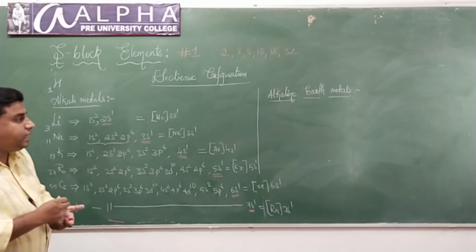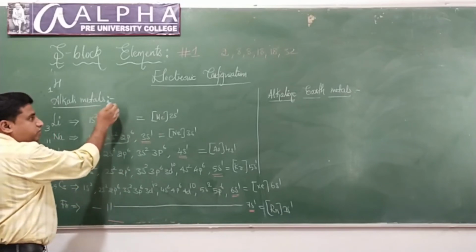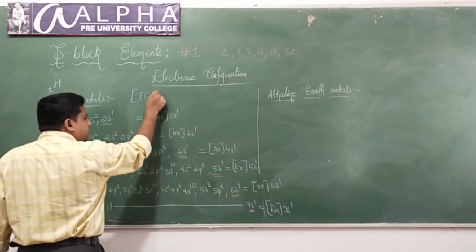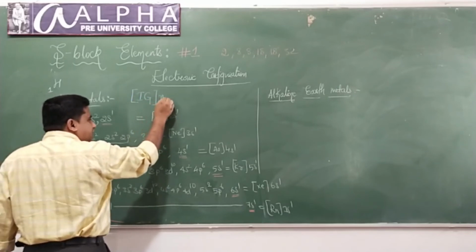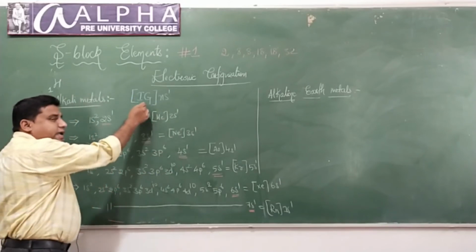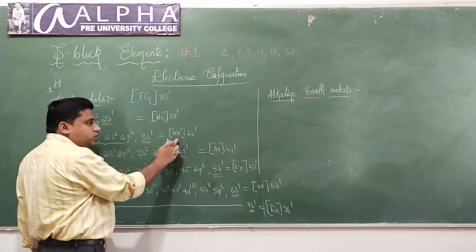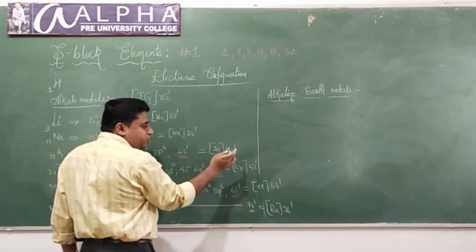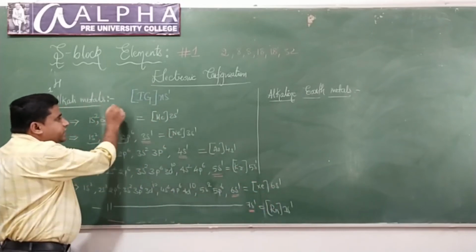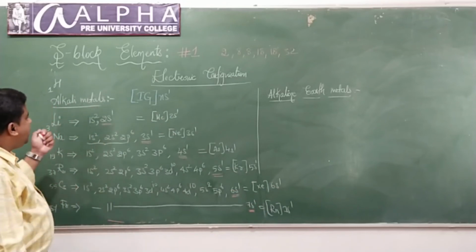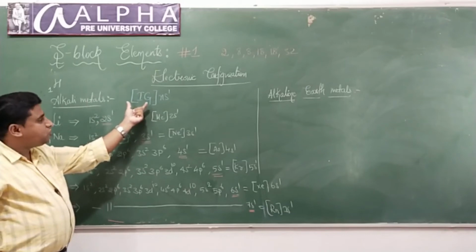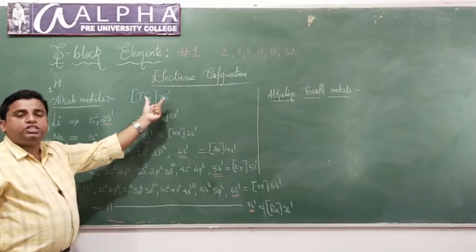Therefore the general outer electronic configuration of alkali metals is inert gas configuration times ns1: helium configuration 2s1, neon 3s1, argon 4s1, krypton 5s1, xenon 6s1, radon 7s1.